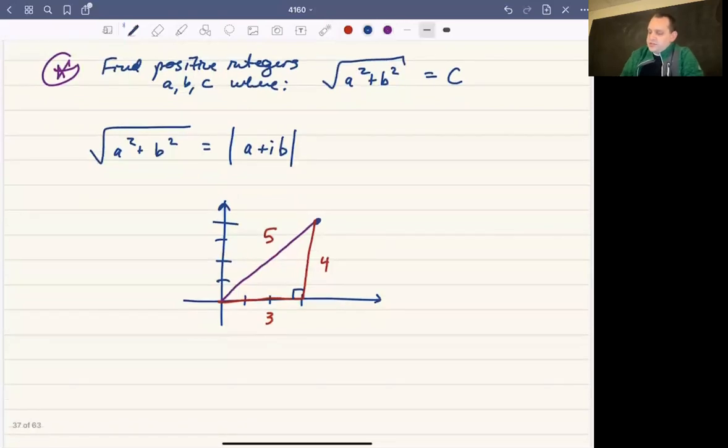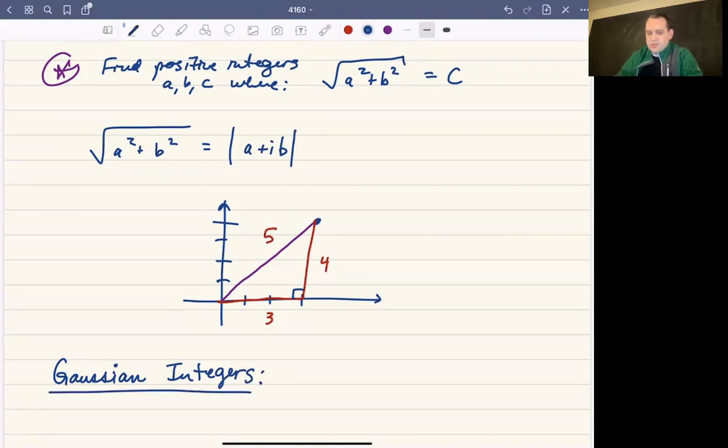This is a good place for me to introduce the idea of what are called the Gaussian integers. Gauss was possibly the best mathematician that's ever lived, and many things are named after him, one of which is the Gaussian integer.